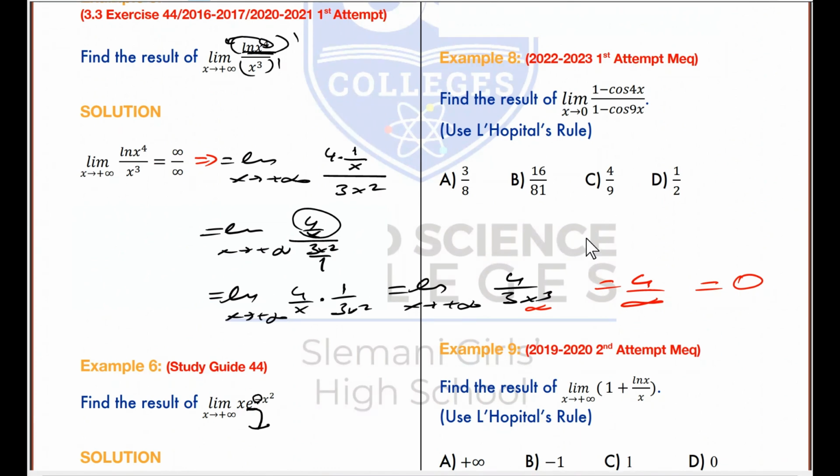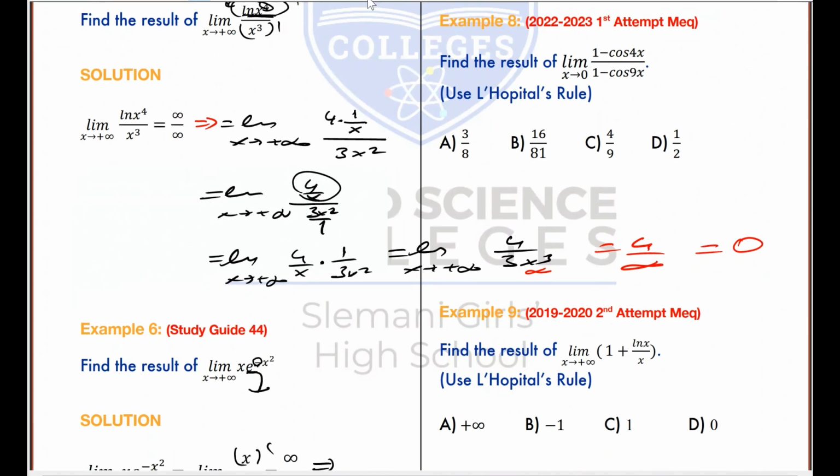Okay, let's take a look at another question. So how many times should I apply L'Hopital's rule? Let's see. When I insert 0 for x, cosine 0 is 1, 1 minus 1 is 0. So it's a 0 over 0 case. We use L'Hopital's.